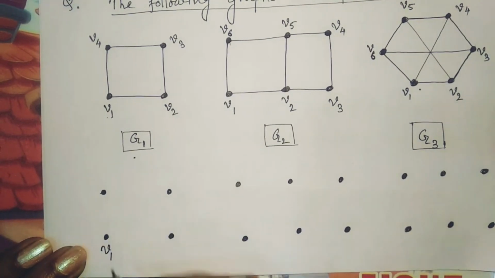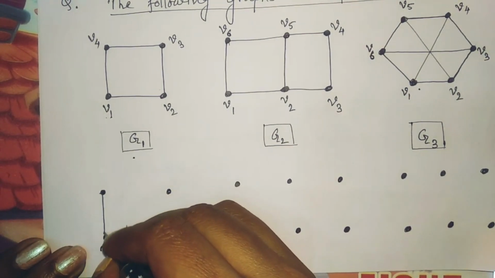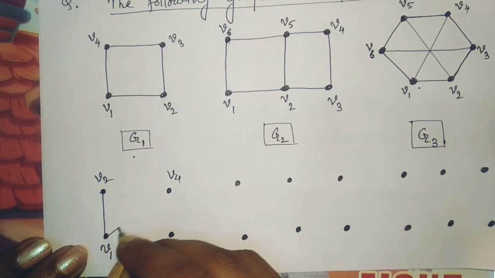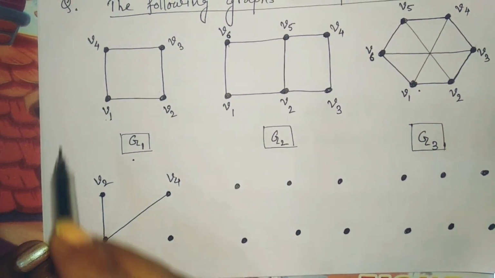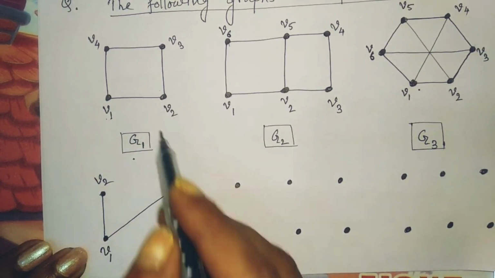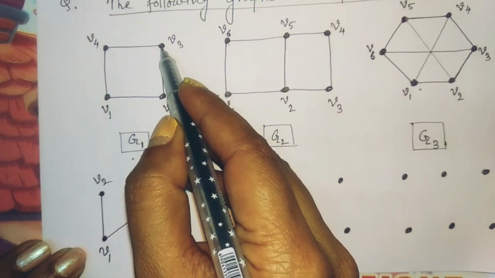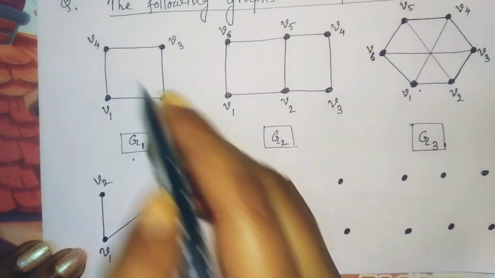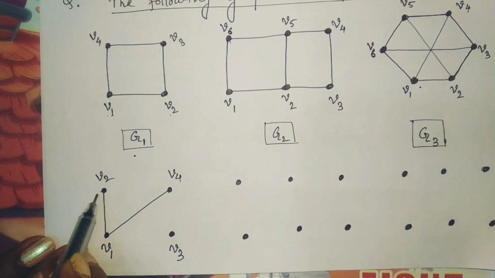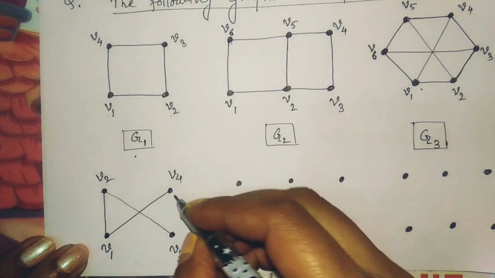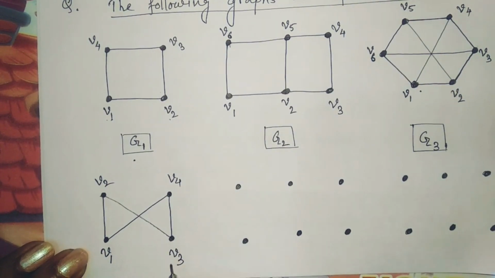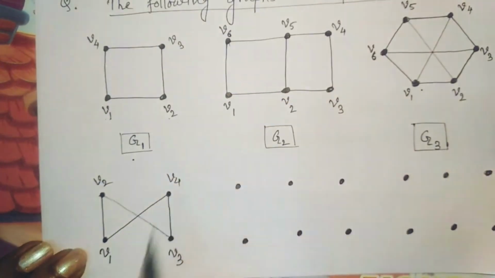So we take v2 as this one and v4 as this one. Now v1 connects with v2 and v4, that we have done. Now v3 is left. So v3 connects with v2 and v4 again. So if we say this one is our v3 and we connect accordingly, then we say this one is the same graph as G1.